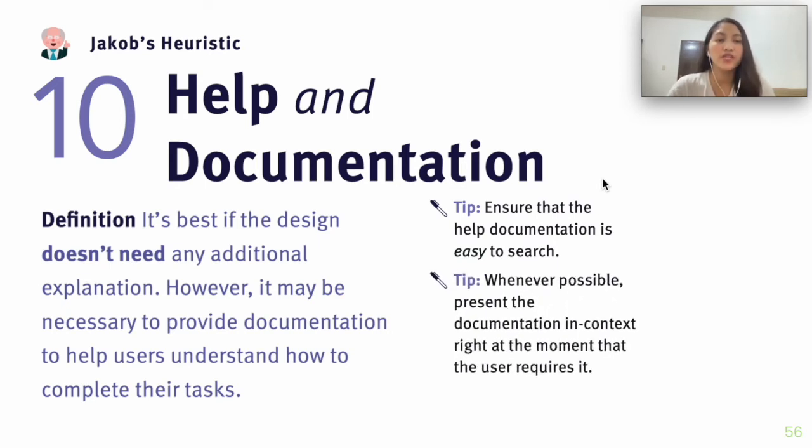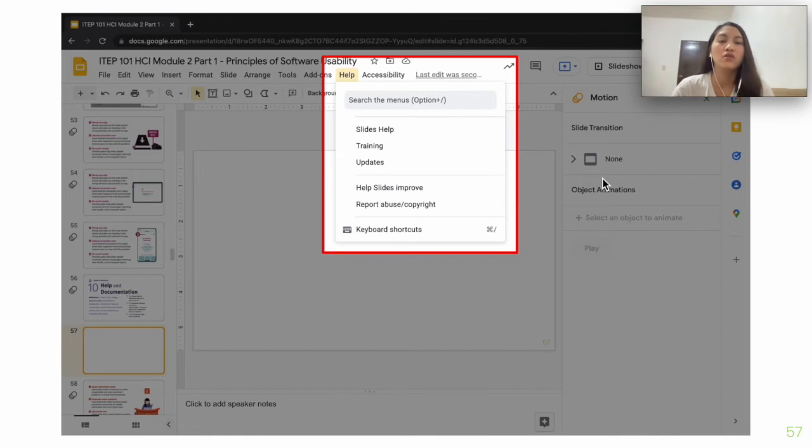Whenever possible, present the documentation in context, right at the moment that the user requires it. And then list concrete steps to be carried out. So in Google Slides, you also have the help options and yung mostly searched things in the help.